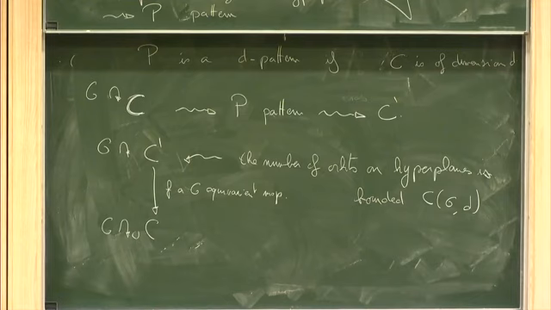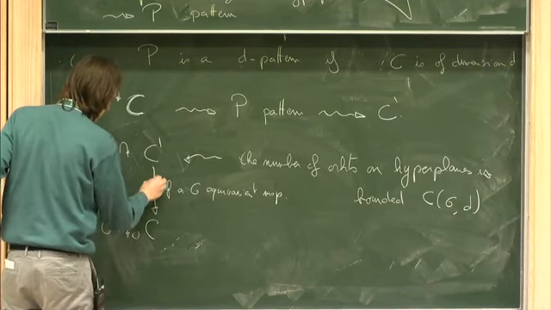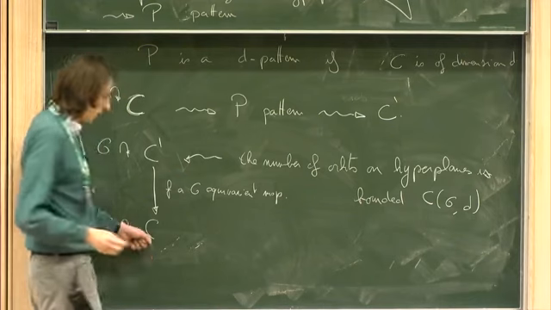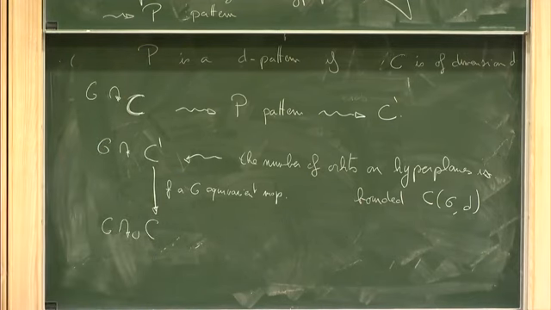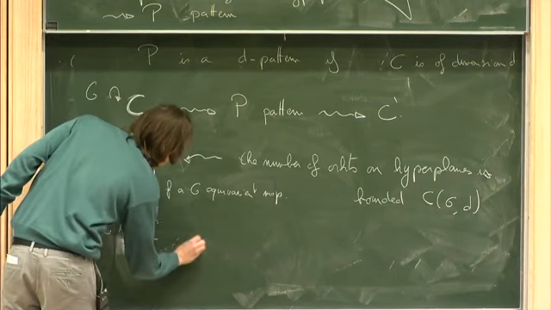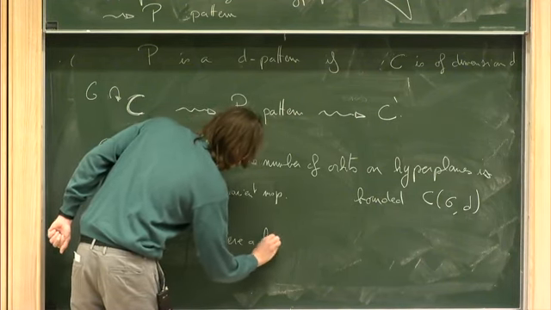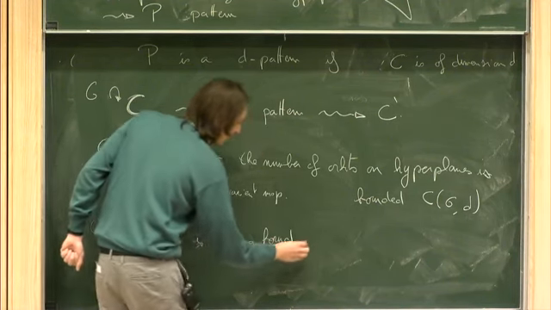And so a natural question to ask is, do we get a bound on the number of hyperplanes in C? So is there a bound here?